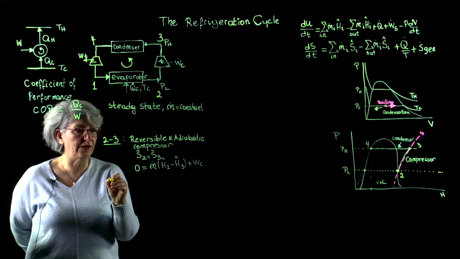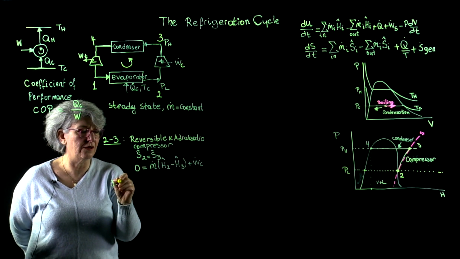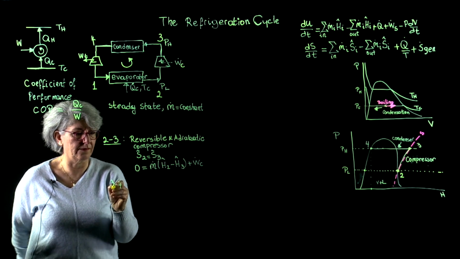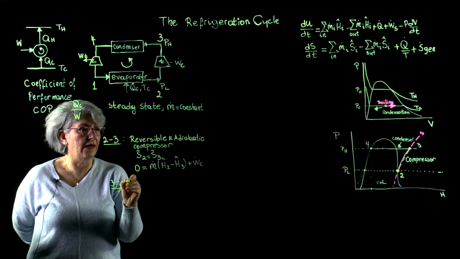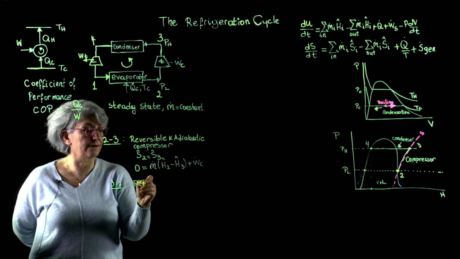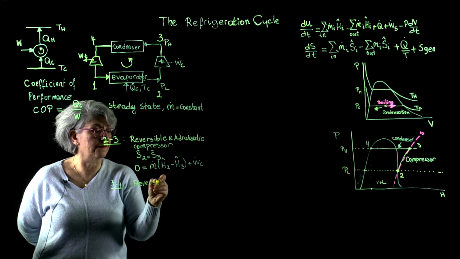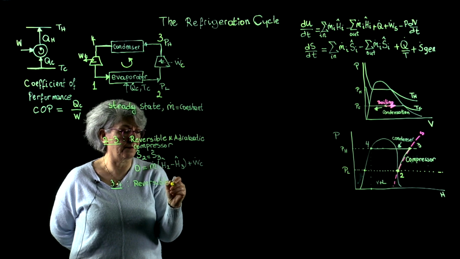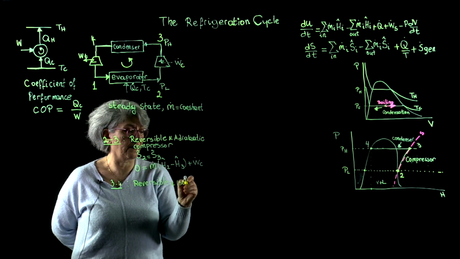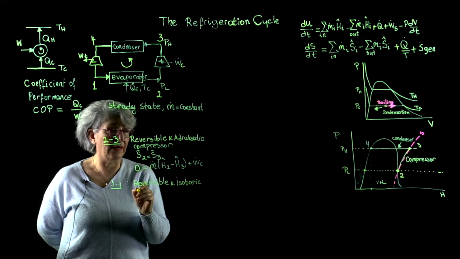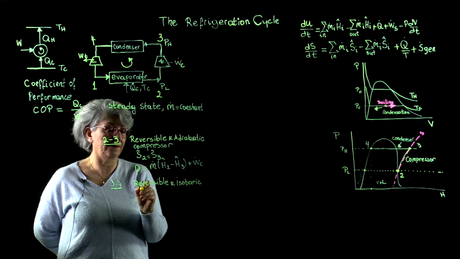So between points 3 and 4, I have a reversible isobaric condenser.